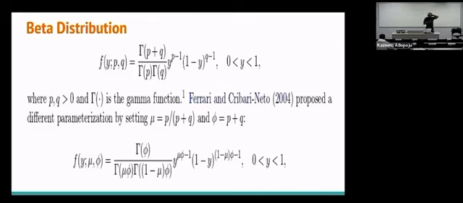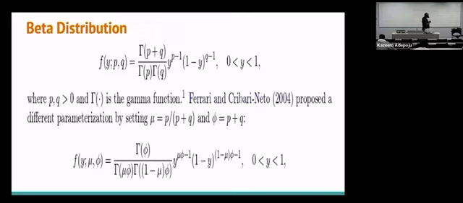And this distribution can be reparameterized if we want to use it in modeling, in a situation whereby we believe the response variable is related to some predictors.